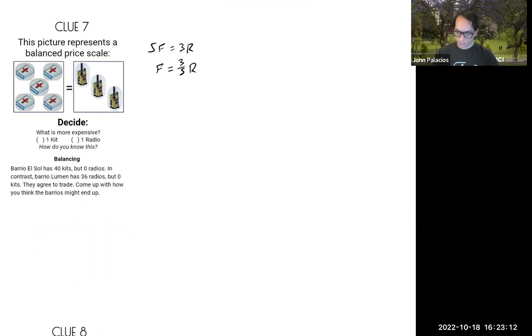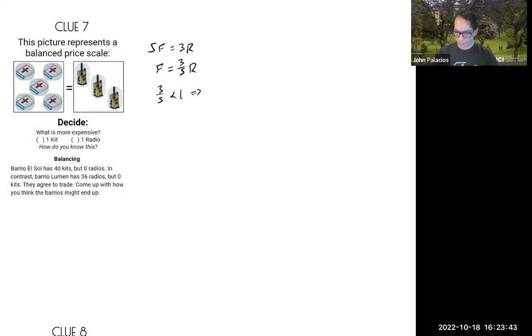So we're asked to decide which is more expensive, a radio or a first aid kit. Since 3/5 is less than 1, because it's less than 5/5, this means that the price of a radio is less than the price of a first aid kit.